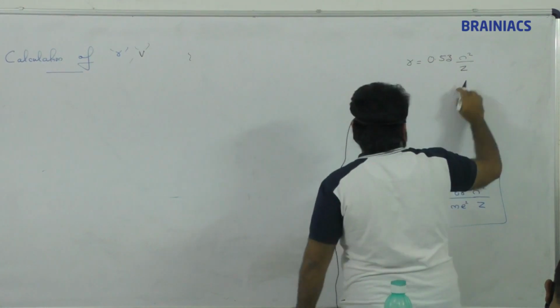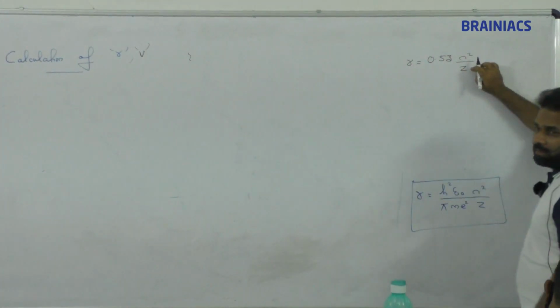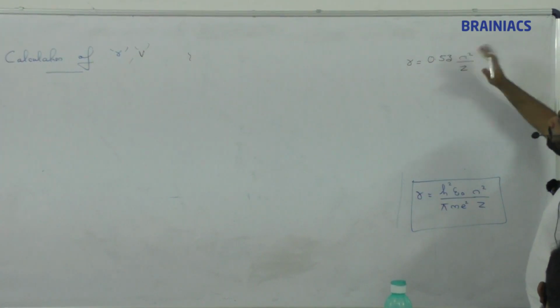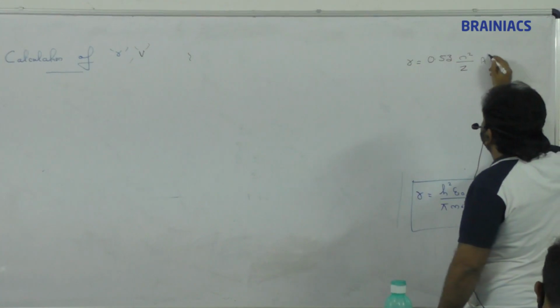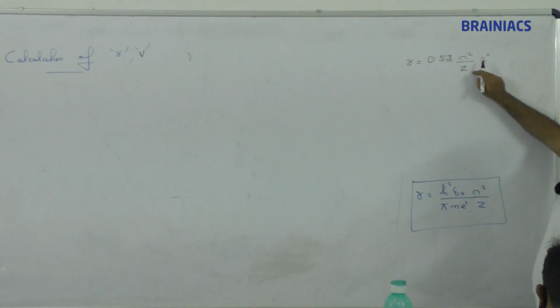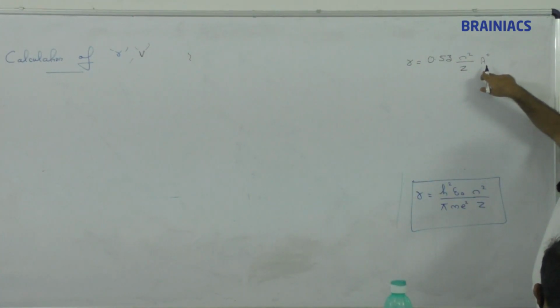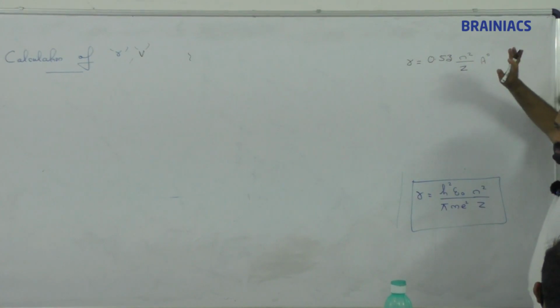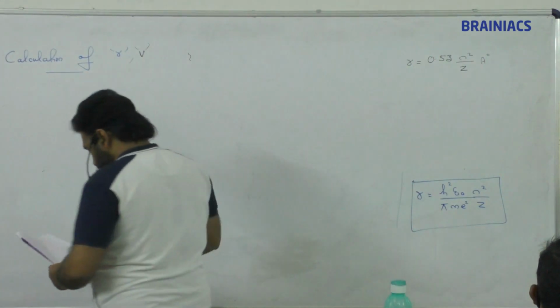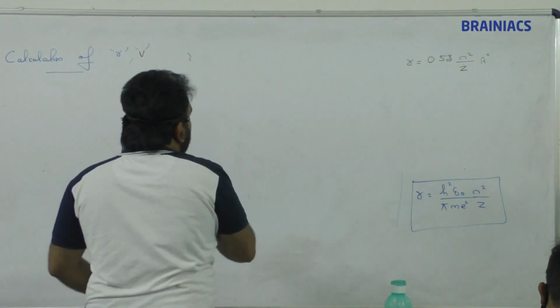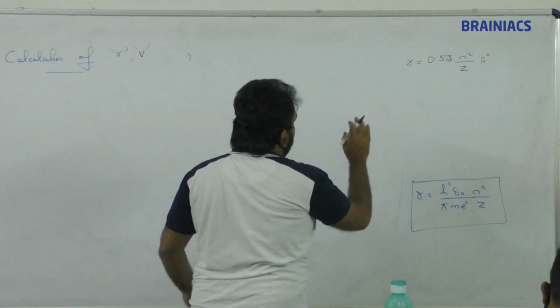If it is hydrogen, this is going to be simply 0.53 Angstrom. Second orbit of hydrogen, this into 2. Third orbit of hydrogen into 3. That's it, only that much. Clear?